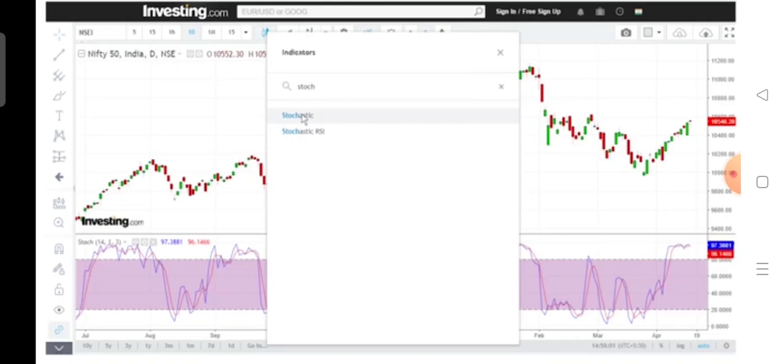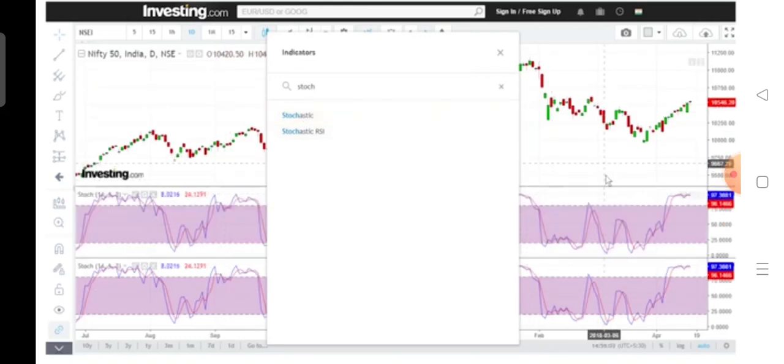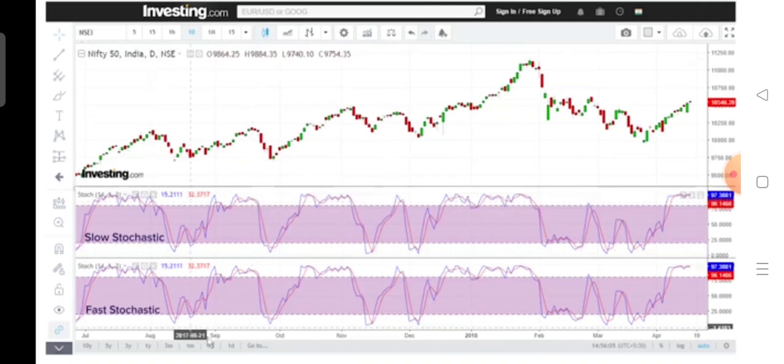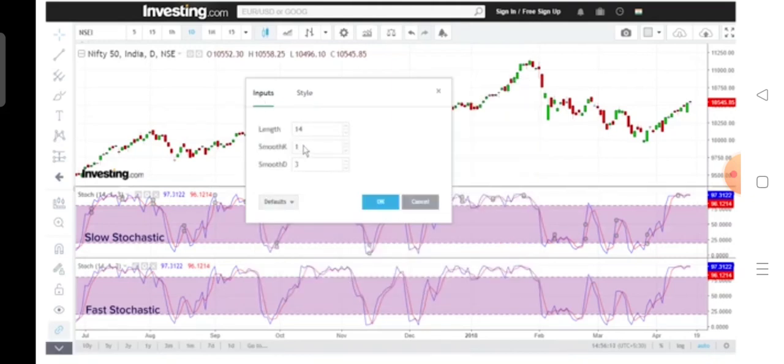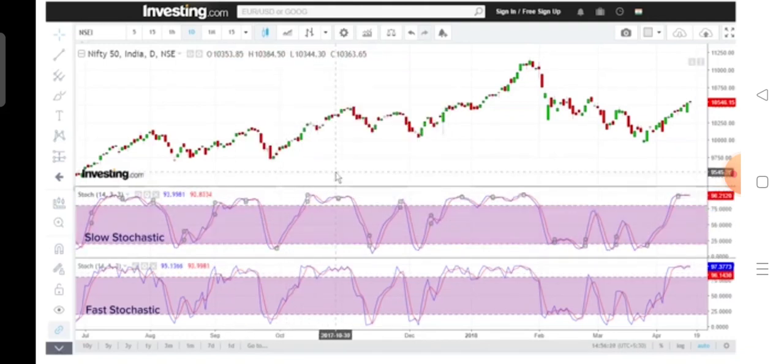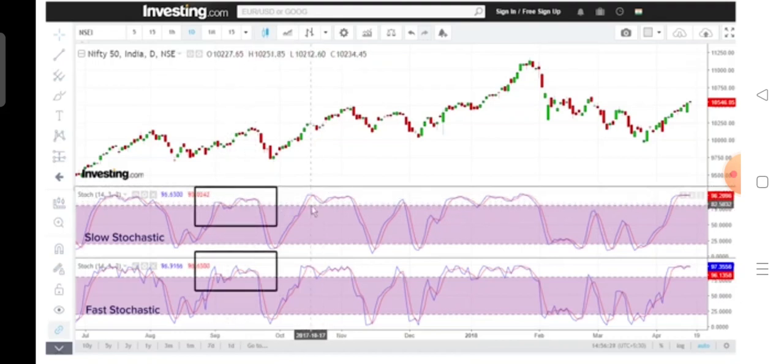I will explain that while I show you the charts. So let me put both initially. Now both are similar, right? Both are actually fast stochastic. To make it slow stochastic, in the smooth K, I put 3. Now you see that both are almost similar, and the upper graph, which is the slow stochastic, behaves a little bit smoother than the fast stochastic, which has many sharp cuts.